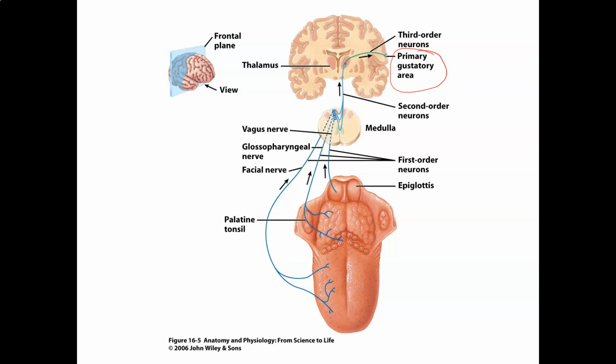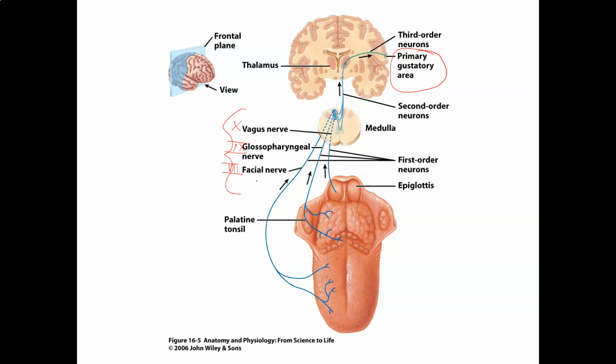So here's what you need to know about the pathway. The main pathway is taste buds from your tongue, and then their axons travel with some of your cranial nerves. So here we see the 10th cranial nerve, the vagus, the 9th cranial nerve, glossopharyngeal, and the 7th cranial nerve, the facial nerve.